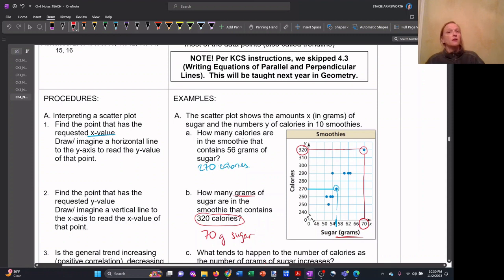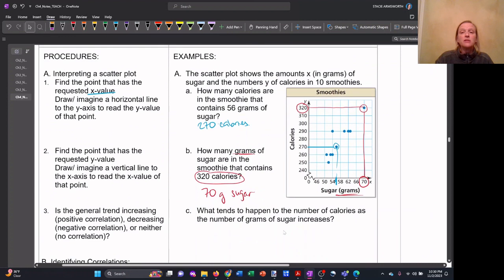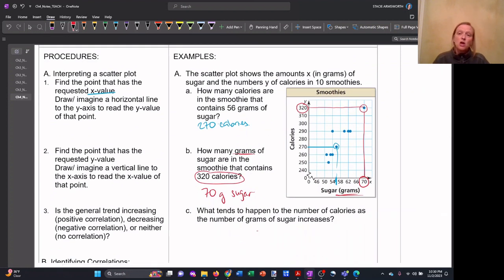Another thing you can ask about is what tends to happen to the number of calories as the number of grams of sugar increases. Here I can see when I have few grams of sugar, the calories are generally low. And when I get up to higher grams of sugar, the calories are generally high.